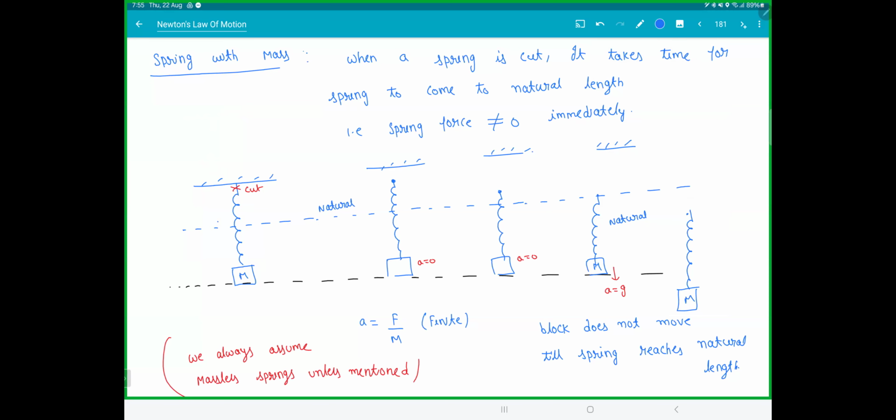How do springs behave when you cut them? The second concept is, what is the difference between a string and a spring? This is important.